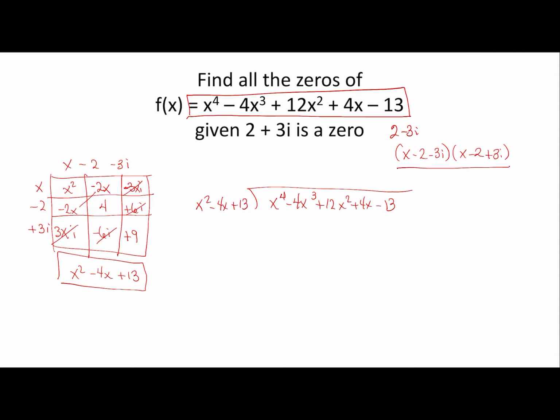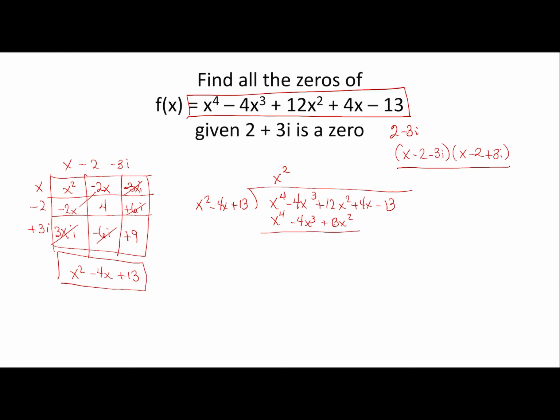We ask ourselves how many times is x squared going to x to the fourth, and it's x squared times. We multiply it out. X squared times x squared is x to the fourth. X squared times a -4x is a -4x cubed. And x squared times 13 is a 13x squared.